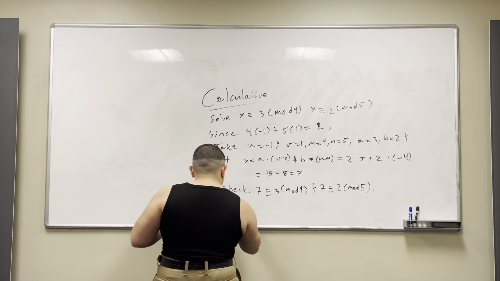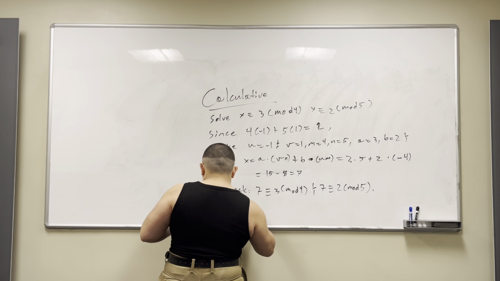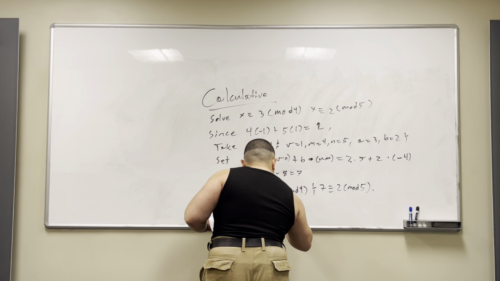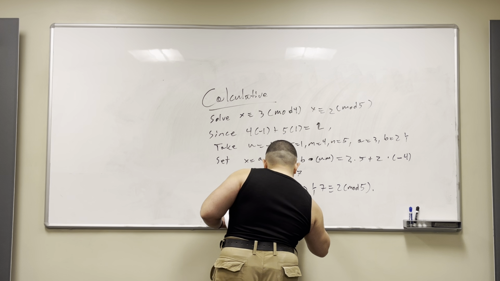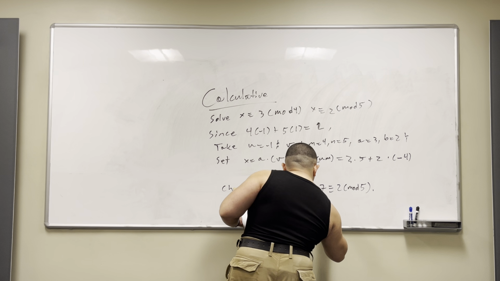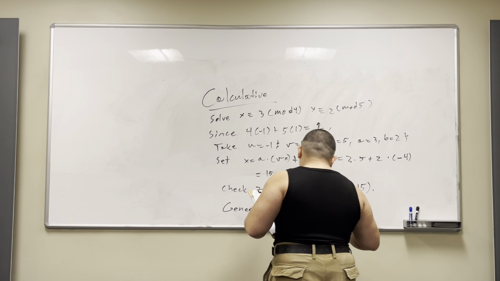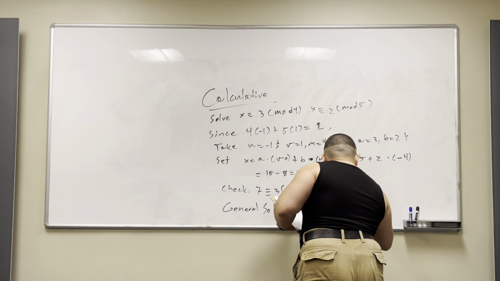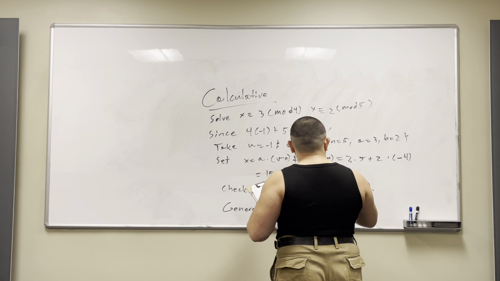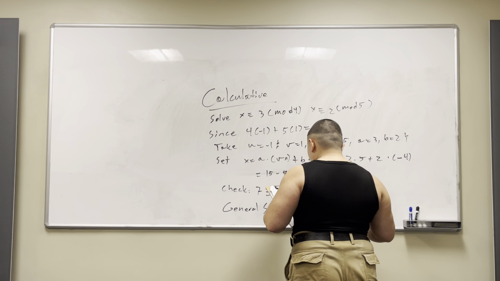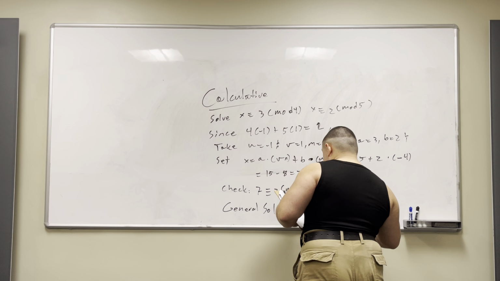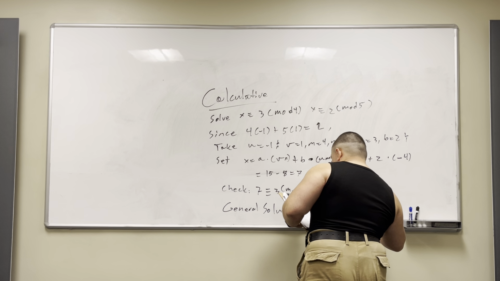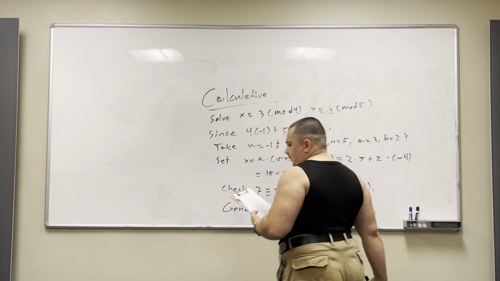The general solution to this is x equal to 7 mod 20. And there we go.